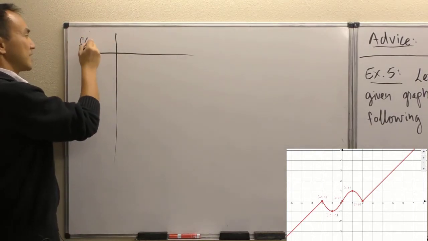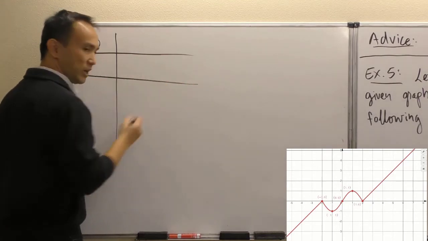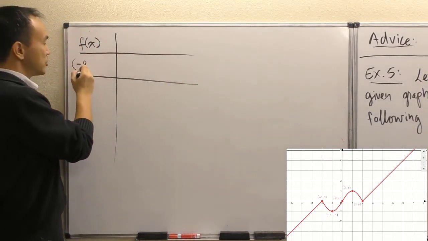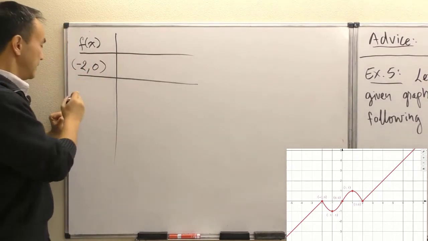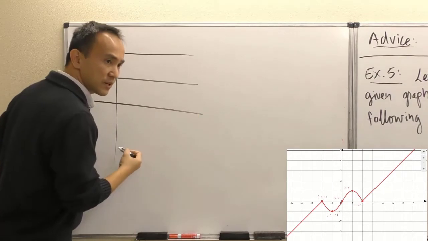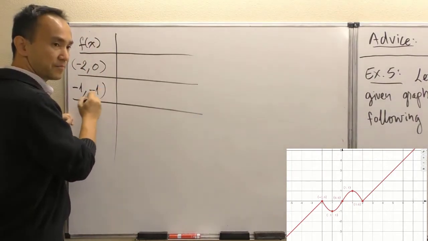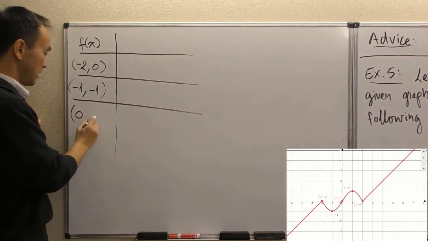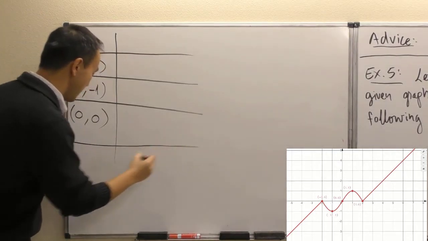So f of x, the original parent function, has the following guiding points here. One of them stayed at minus 2, 0. Okay, and we had another one that stays right at minus 1, minus 1. Another one right at 0, 0.